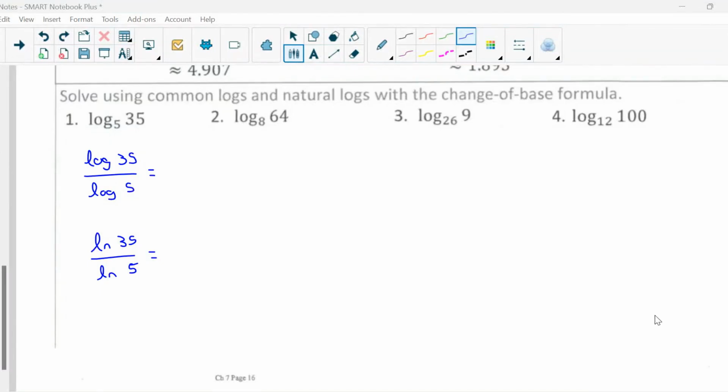If I was to take the natural log of 35 divided by the natural log of 5, I am also going to get 2.209. So although in my calculator, I couldn't originally evaluate log base 5 of 35, I can use the change of base formula to be able to still do so.